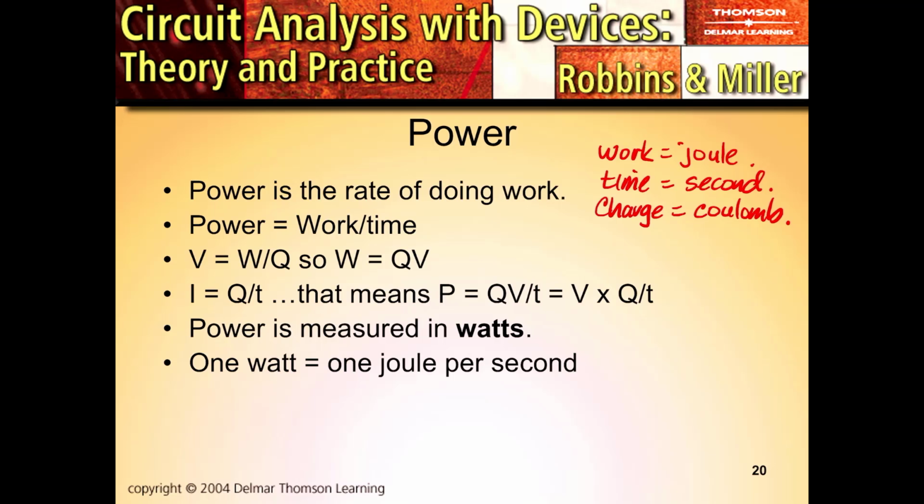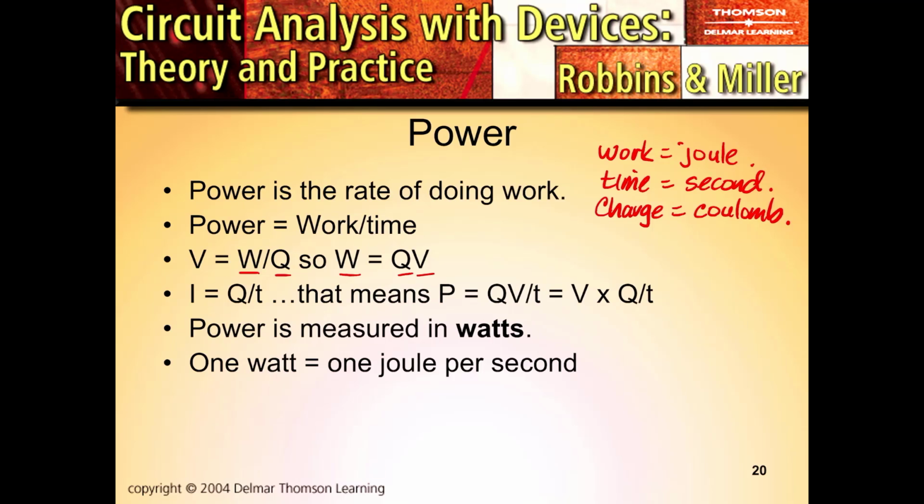So knowing what we know about voltage and current now, and we know now that power is defined as work divided by time, we can combine all these relationships to give us a new relationship to define power in terms of voltage and current. So if we look at power equaling work divided by time, and volts equal to work divided by charge, therefore, work equals charge times voltage. We just transpose that relationship.